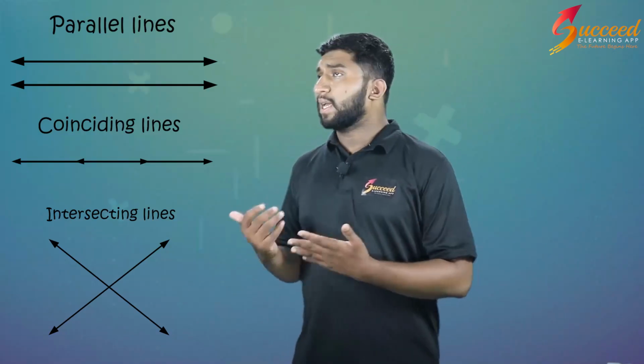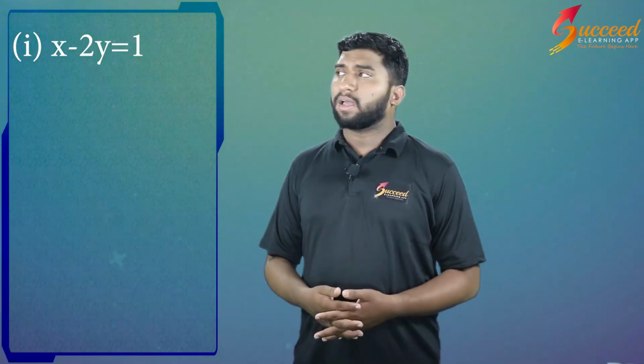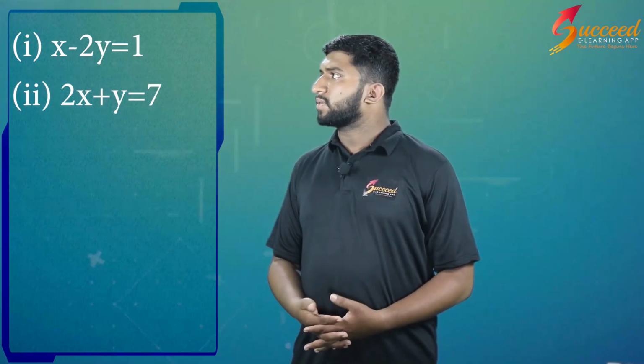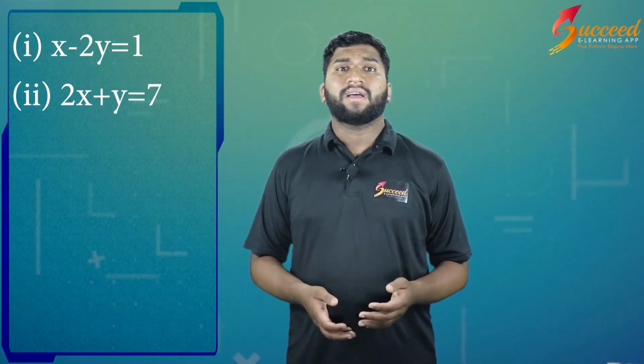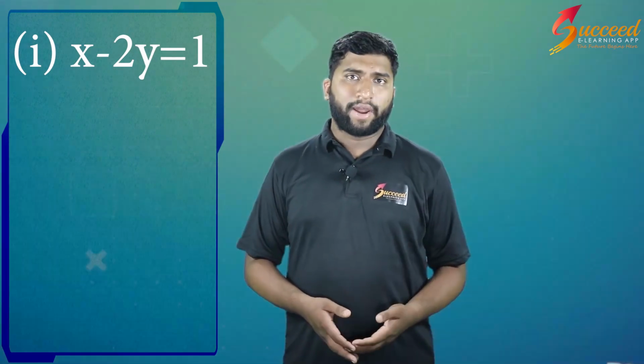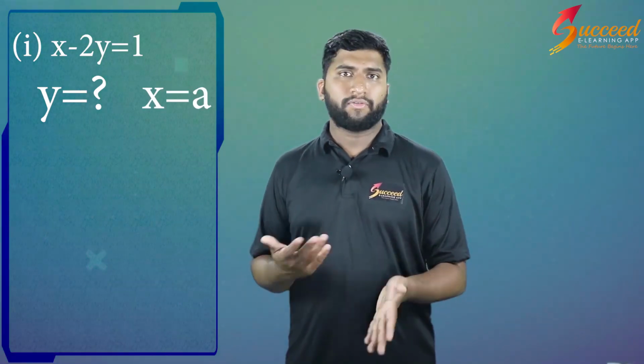Our question is like this: we will be having two equations here. The first equation is x minus 2y is equal to 1, and our second equation is 2x plus y is equal to 7. What we need to do here is, first we shall consider one equation and find the values of y by giving different values of x.